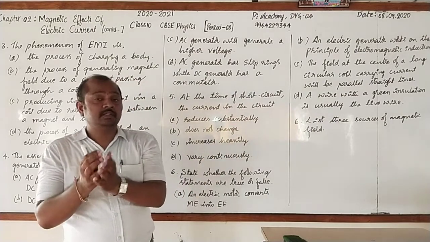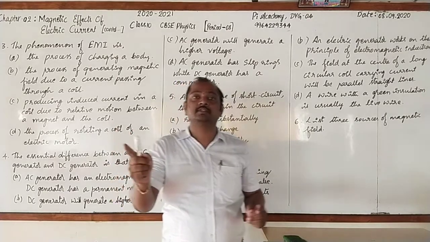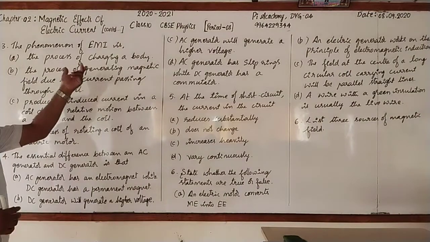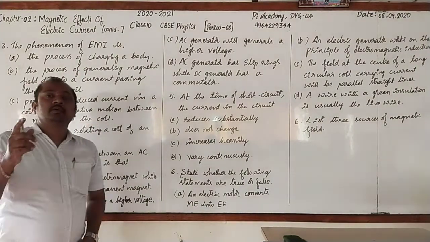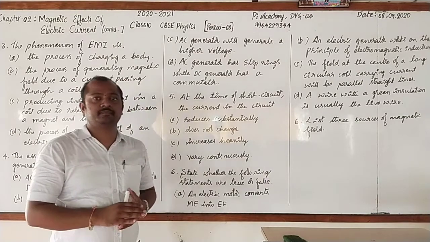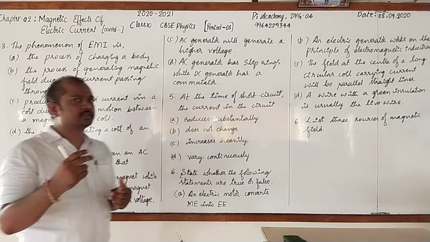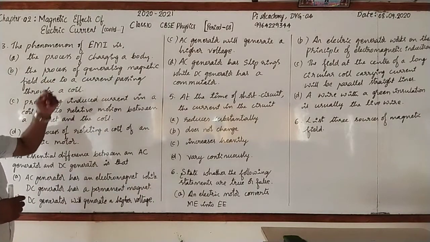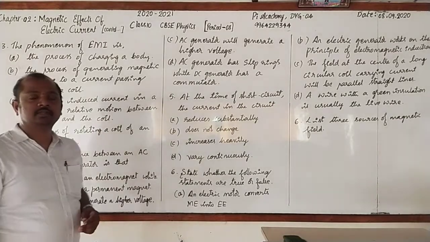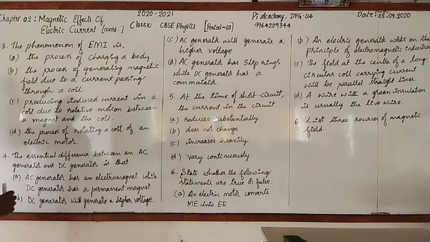It is possible only if there is a change in the magnetic field. We have defined electromagnetic induction as: whenever the magnetic field linking with a coil changes, then current is induced in that coil. Right? This is the definition. And who discovered this EMI, electromagnetic induction? Yes, you are right. He is a great scientist, Michael Faraday. Now please go through this.